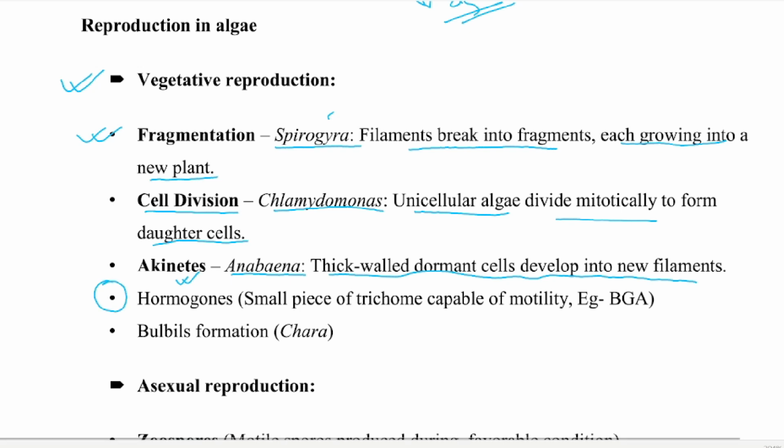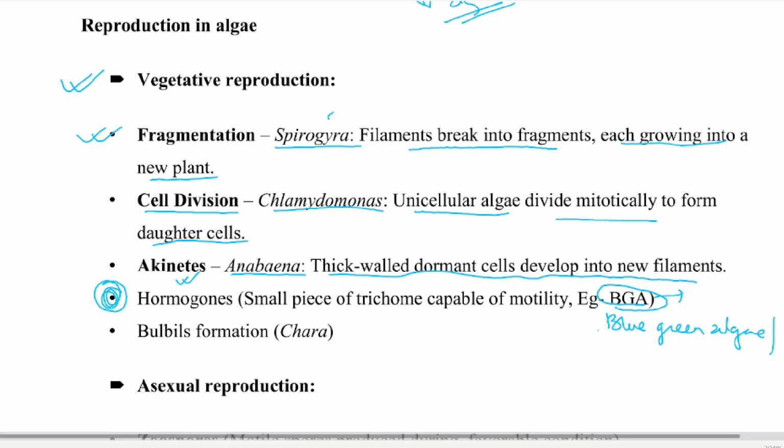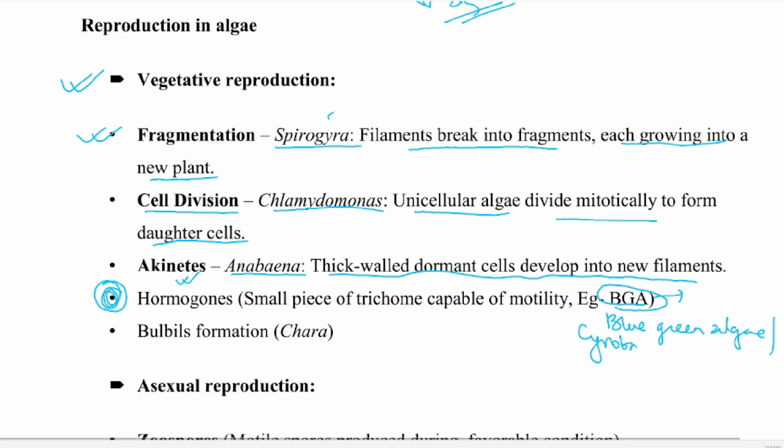This is also a very common objective question: which of the following reproduces through the formation of hormogonia? Commonly your answer will be blue-green algae, also known as cyanobacteria. This is a small piece of trichome that is capable of motility.